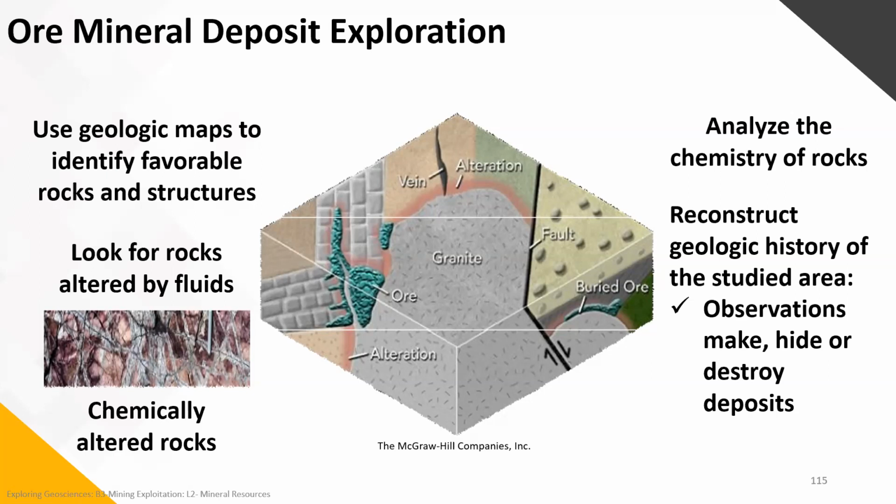A geologist will use all the geological maps to identify the favorable rocks and structures before going into the field. We'll look for rocks altered by fluids. We'll look for chemically altered rocks.